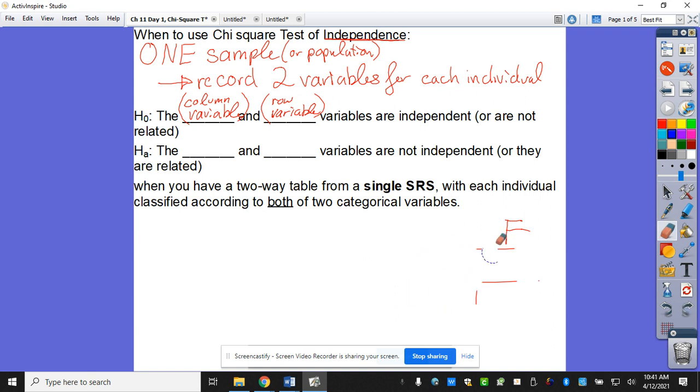So then here they are independent and here they are not. Out of habit, when I actually do these, I write not in capital just to show which one I'm saying is which. I'm not going to grade off if you don't do it in capital. The same thing's going to be down here. So it's either that they are independent, which is the null hypothesis, or they are not independent, which is the alternative.